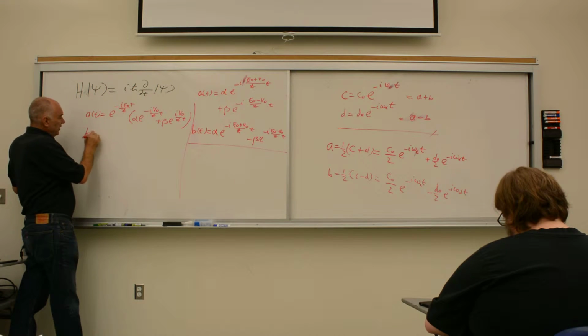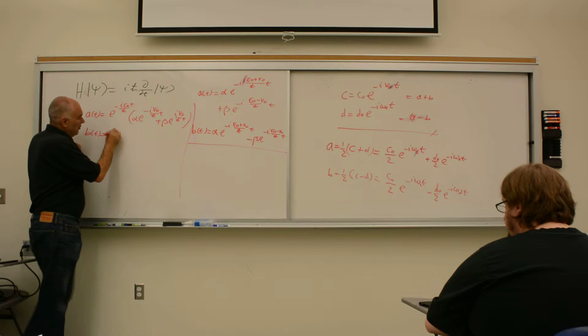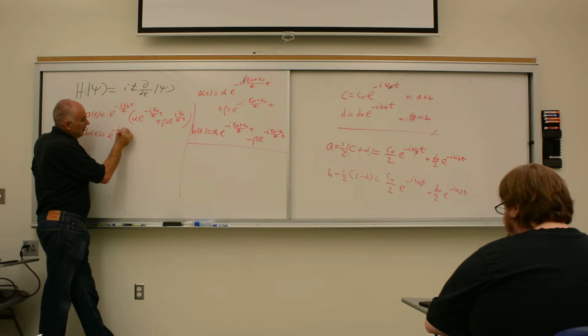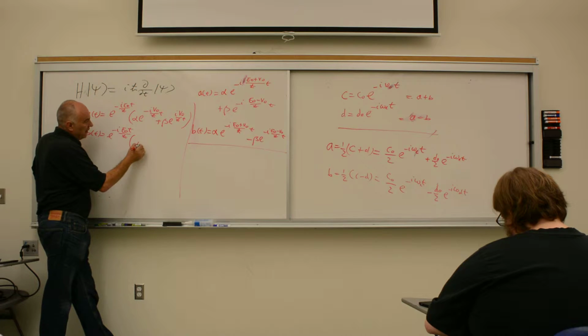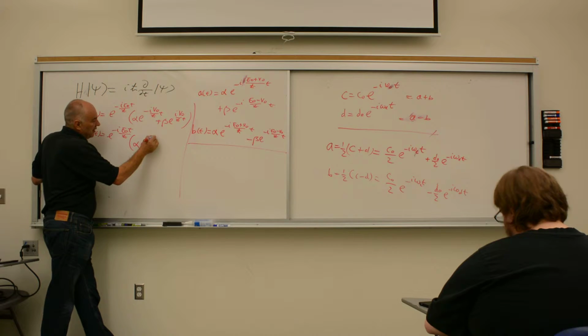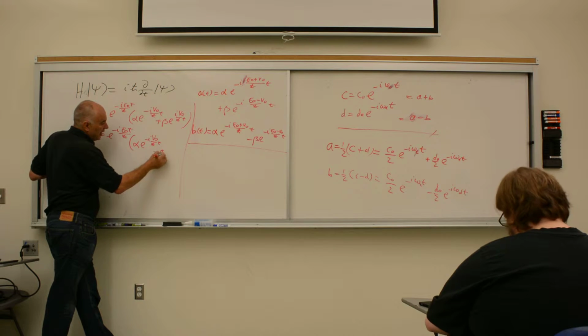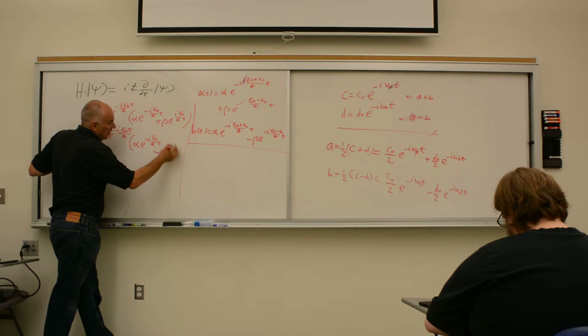And B of t is e to the minus i E0 t over h bar, and then I will have alpha e to the minus i B0 t over h bar minus beta e to the i B0 t over h bar.